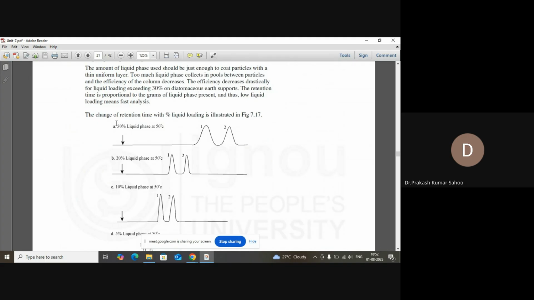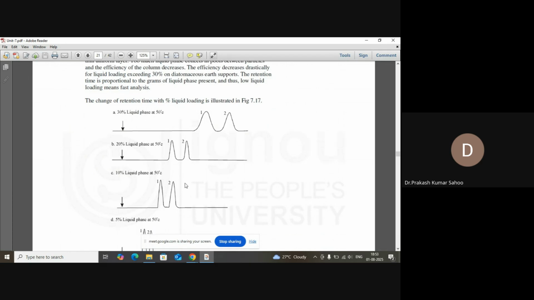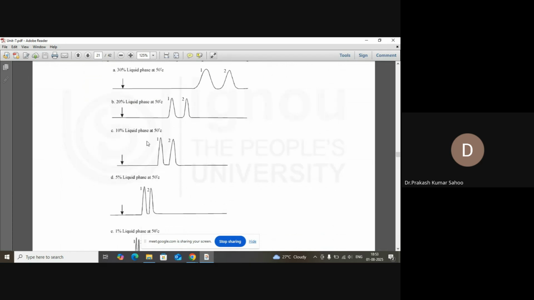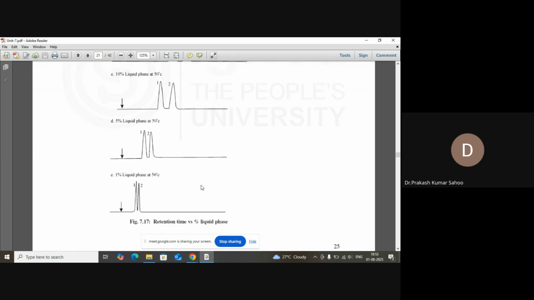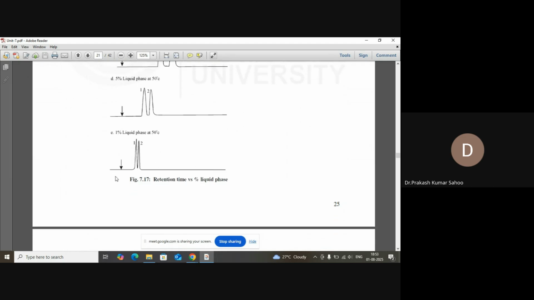With 30% liquid phase at 50 degrees centigrade we have the chromatogram, and when the percentage is decreased and the temperature remains the same, now it is more or less a prominent peak. If a 10% liquid phase is there, then accordingly it changes again, and when the liquid phase is gradually decreased to 1% at the same temperature, we have a peak like this.